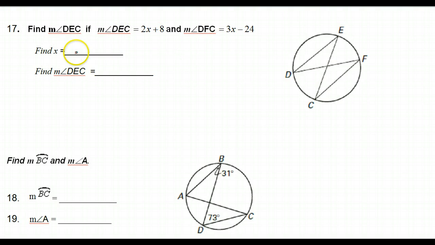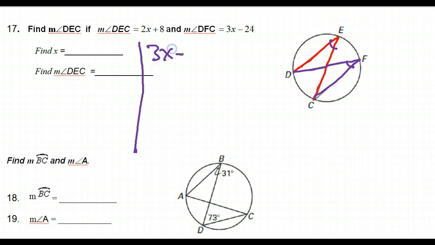First of all, let's see, DEC is this angle right here. And on the other hand, DFC is this angle right here. Okay, but we know that these two angles are always congruent, so it would make sense for us to set them equal to each other.